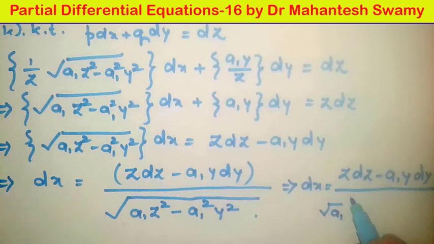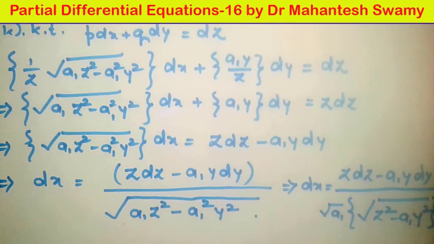If we keep it outside, so the thing remaining within the bracket will be square root of z square minus, a1 has been taken outside along with its square root, when one a1 goes outside, one more a1 will be remaining here because it is a1 square. So it is a1 into y square remaining within the square root.